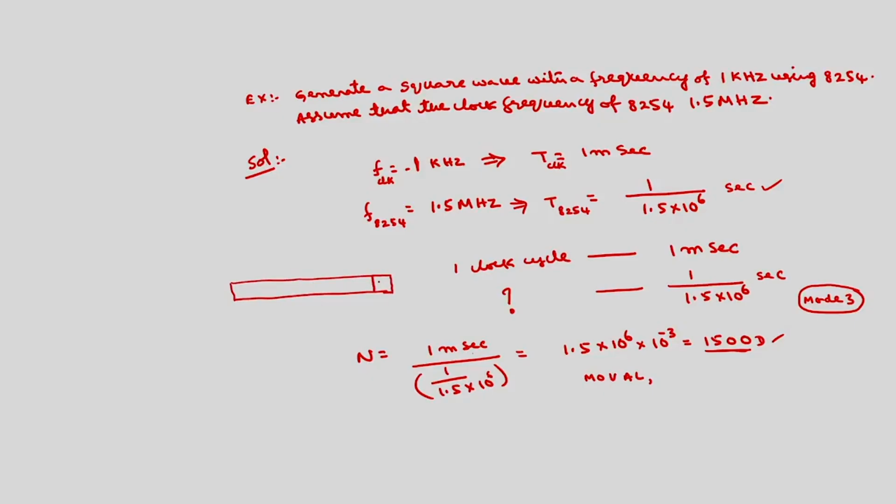Okay. So, if I form this control word register, the last bit is 1 for BCD counting, the next 3 bits are for mode selection. So, mode 3 means 0 1 1, the next 2 are RL1 RL0, because you have to load a 16 bit BCD number.